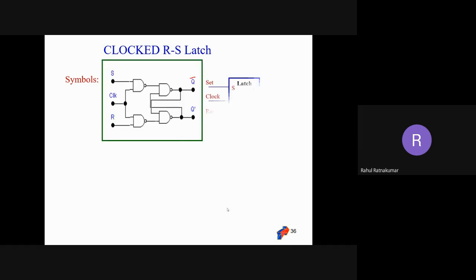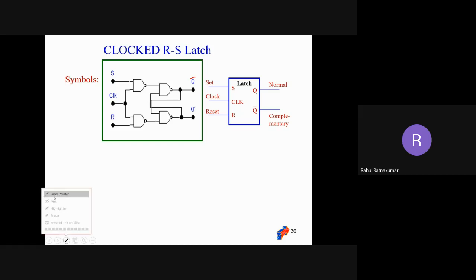There was something you have already seen, that this is also feedback. You can see the feedback here also. Fine. So here also you can say feedback from the Q bar.